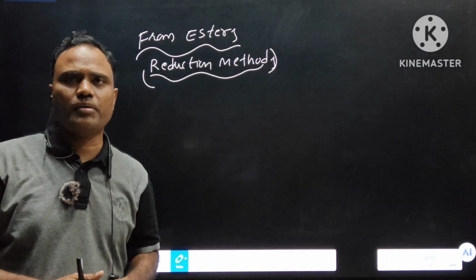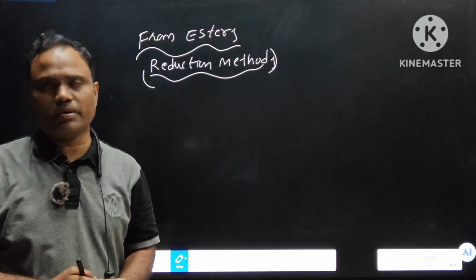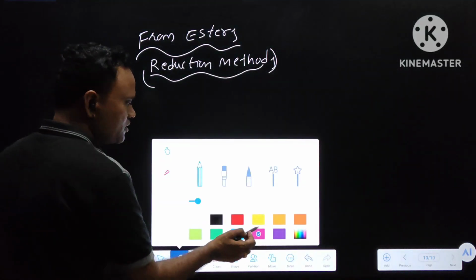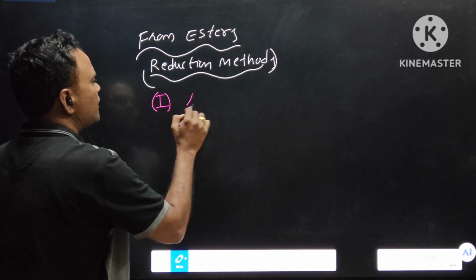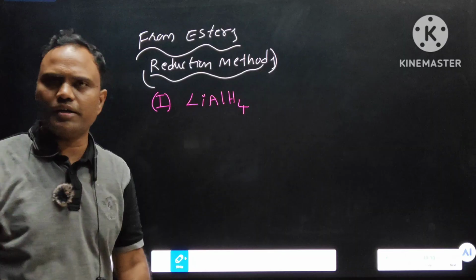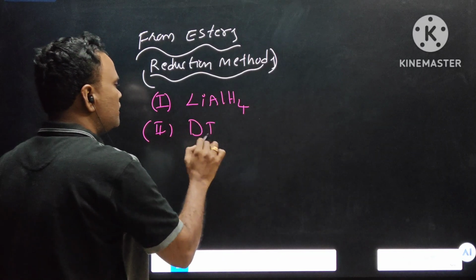From esters also we can prepare alcohols by using particular reducing agents. Here also we have some specific types of reducing agents. One is already well known, LiAlH4, lithium aluminum hydride. The second one is DIBAL-H.